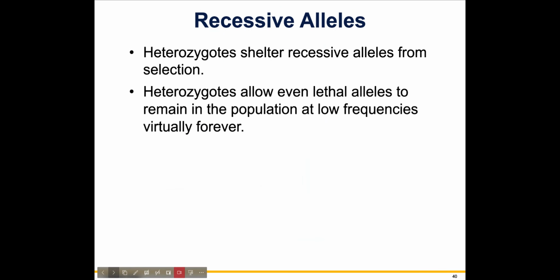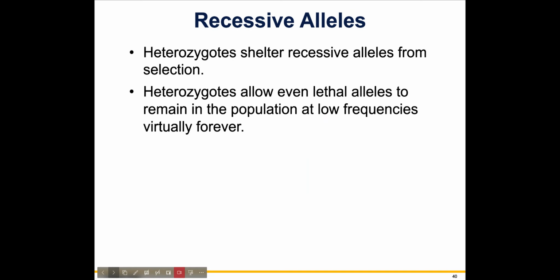We also see that we can keep recessive alleles within a population when we have our heterozygotes, right? They hide or shelter that recessive allele because the dominant allele is the phenotype that we see.